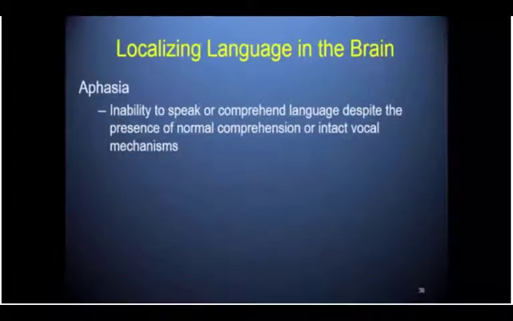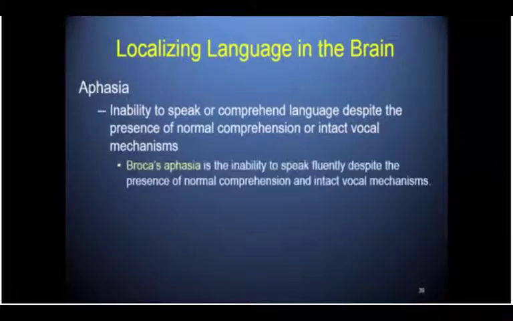Now, there are times when there are strokes or other types of lesions that can develop, drug use, blunt force trauma, that kind of stuff, where there is damage to different areas of the brain, which actually creates problems for the individual to either speak or to comprehend the things that are being communicated to them. So there's Broca's aphasia.